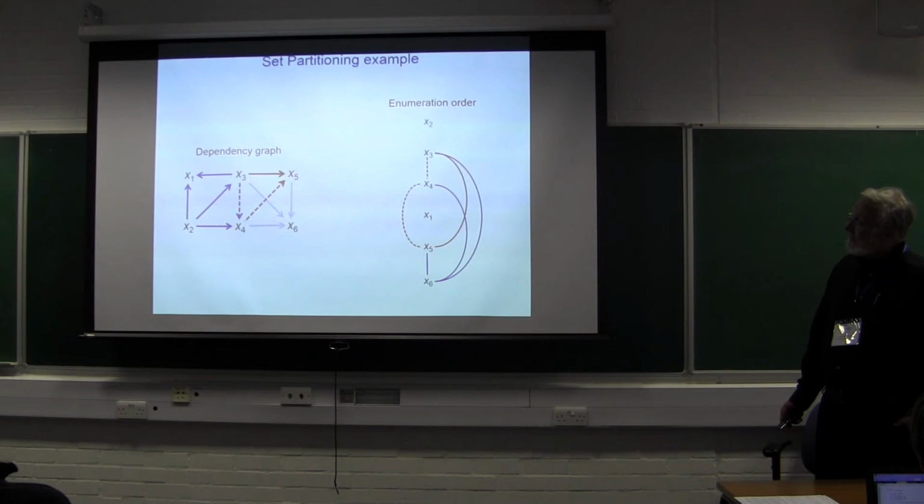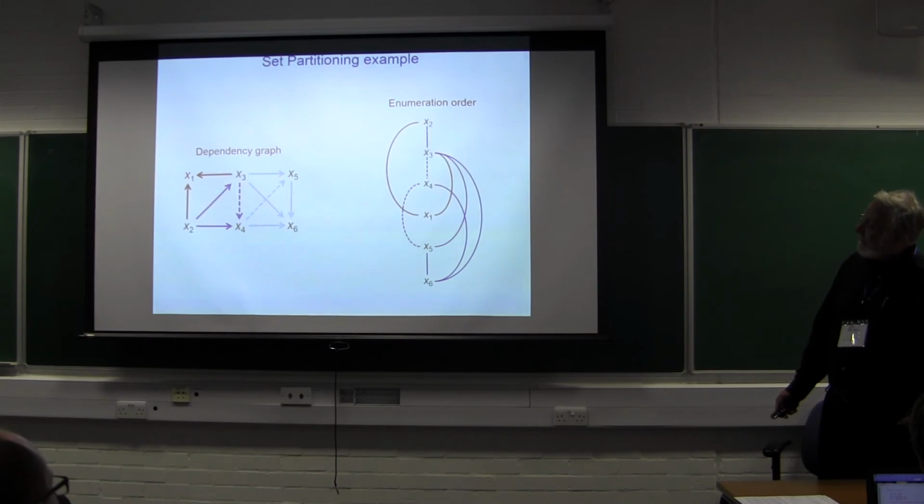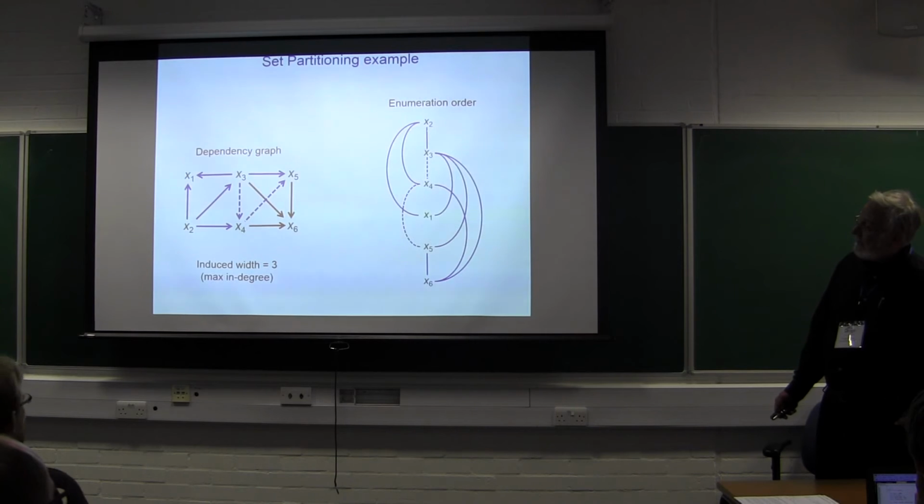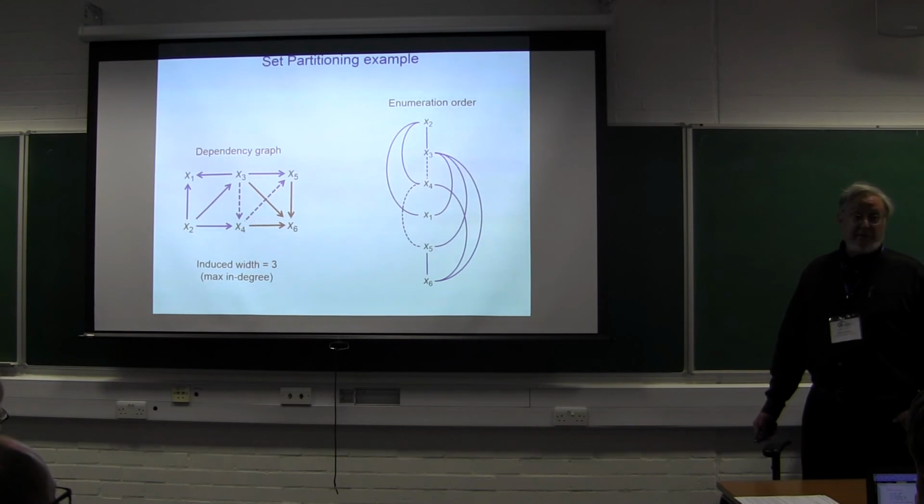Now we go to x5 and do the same thing. So x5 depends on 3 and 4. 3 and 4 are already connected by the induced edge, so we don't need a new one. So we have to connect 4 and 5. And so forth. We run this same logic through all of the variables. Now we get the induced dependency graph, with the induced edges.